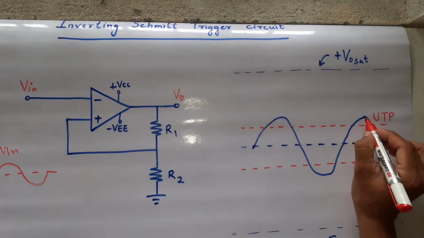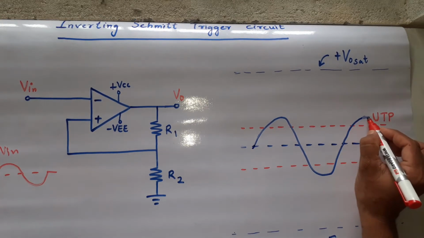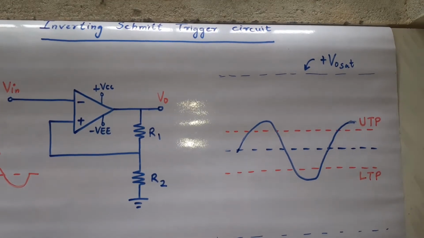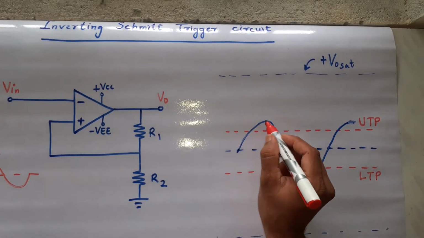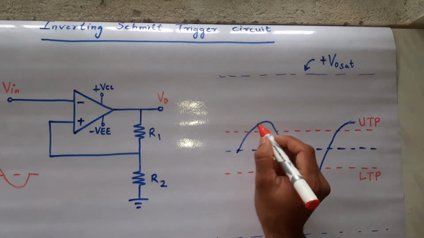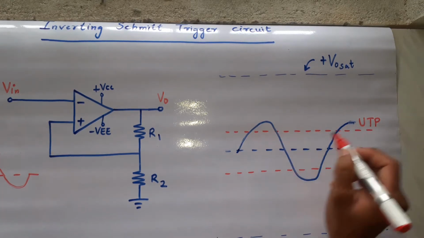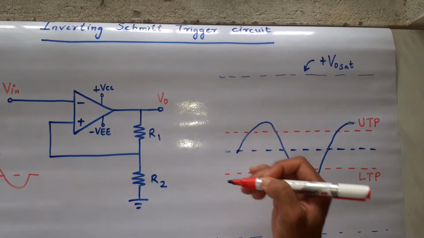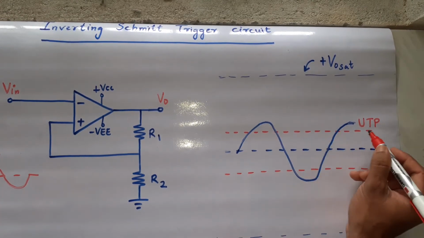All right, this will continue like this. Now, if you see here, the input for the circuit, this is your input, sinusoidal input. Its amplitude is more than UTP, isn't it? See here.